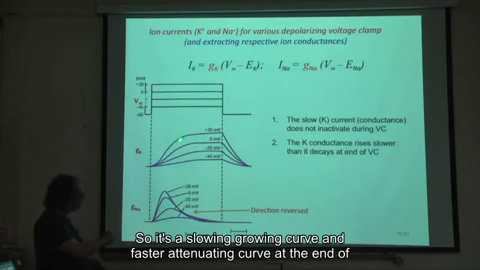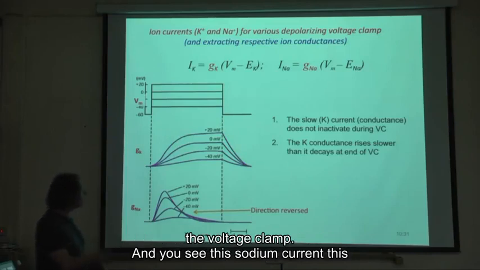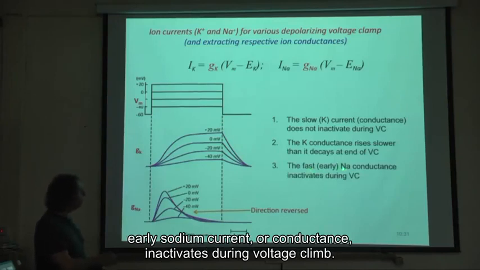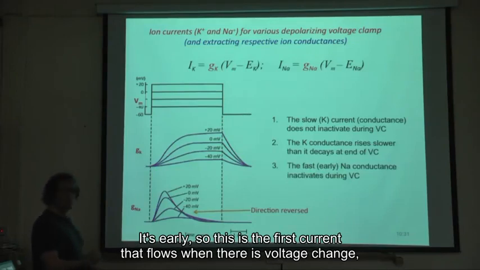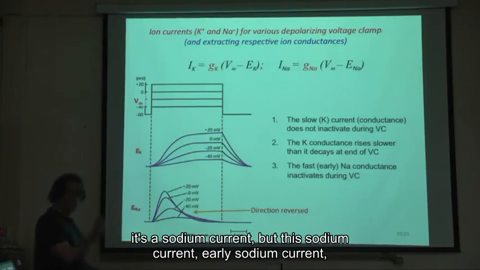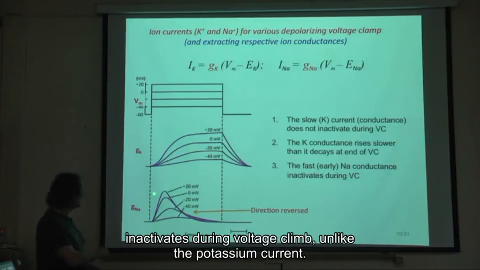So it's a slowly growing curve and a faster attenuating curve at the end of the voltage clamp. And you see this early sodium current or conductance inactivates during voltage clamp. It's early, so this is the first current that flows when there is voltage change. It's a sodium current, but this early sodium current inactivates during voltage clamp, unlike the potassium current.